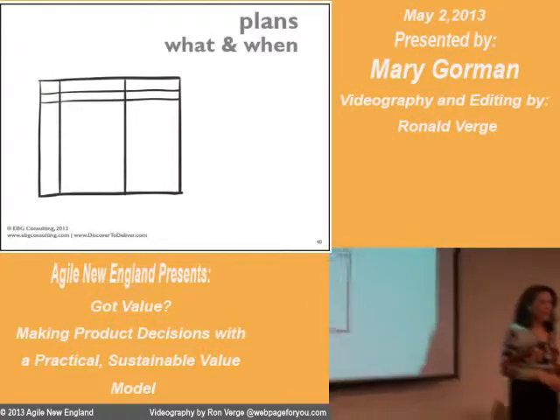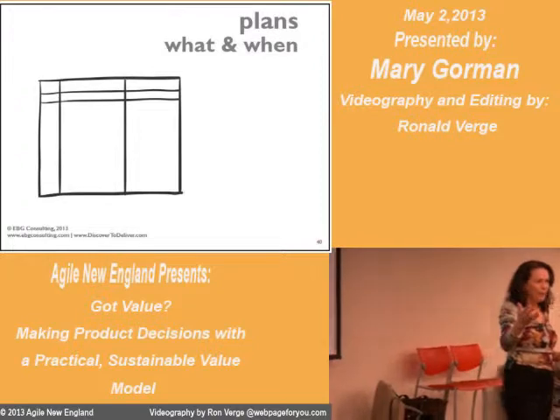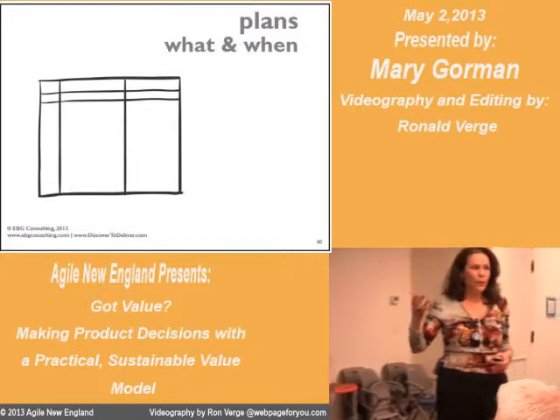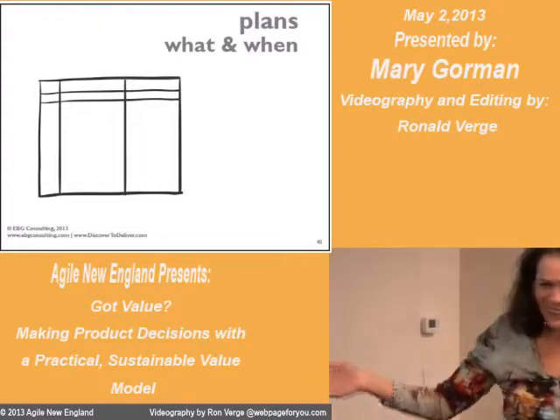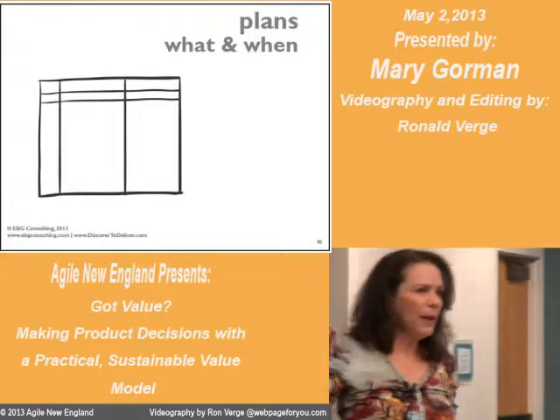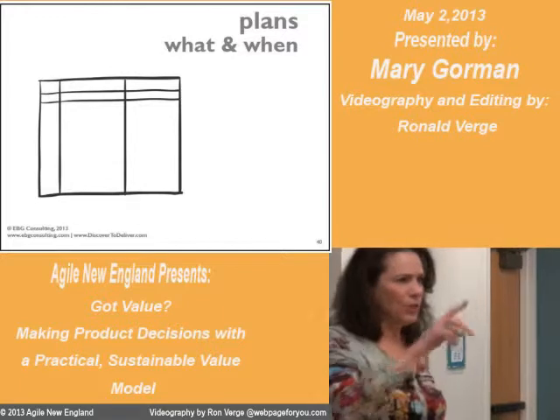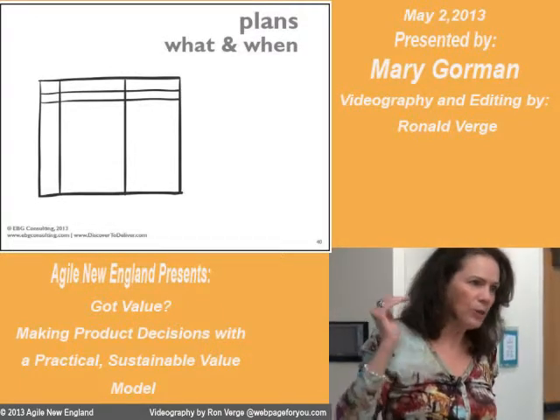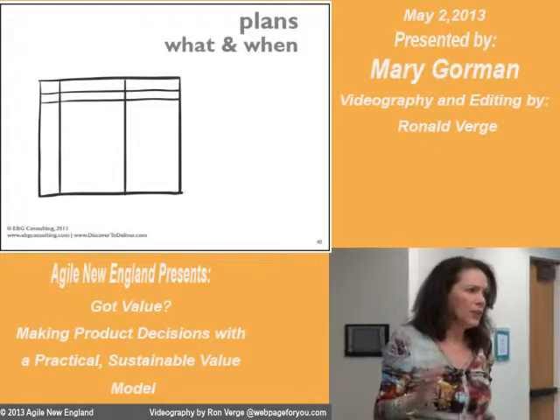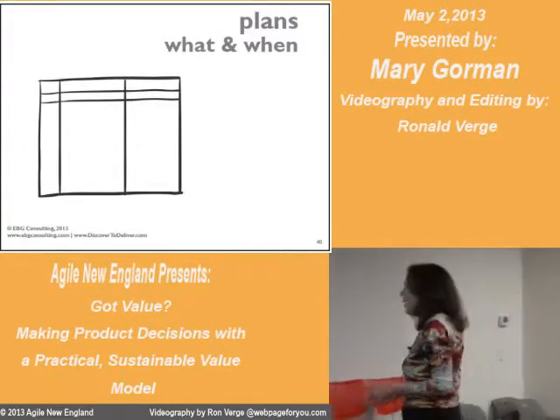Of course, when we find those high value options, we need to be able to figure out the what and the when. And so thinking about that date, I walked around to a couple folks, let's not forget, we have to deliver something August 2013. So that's going to help frame our when.